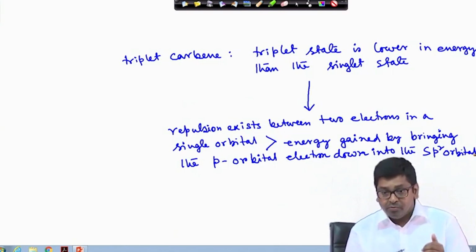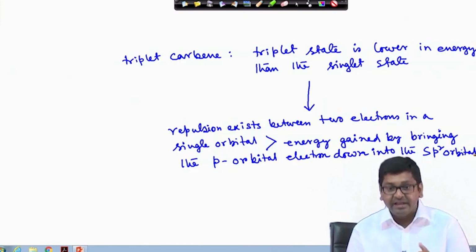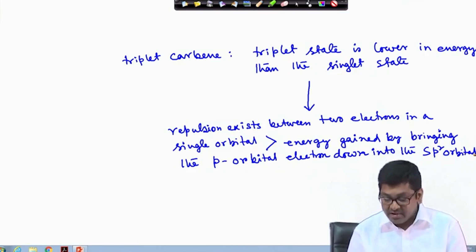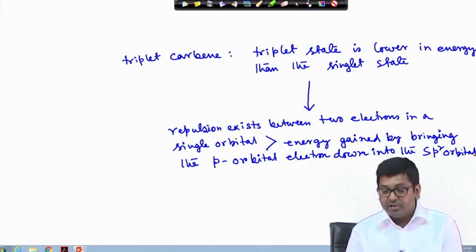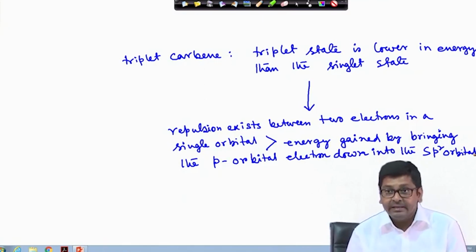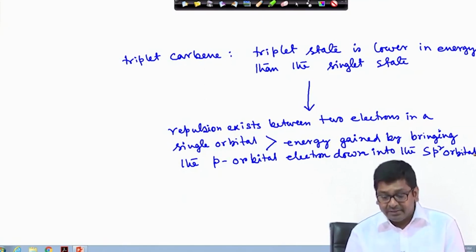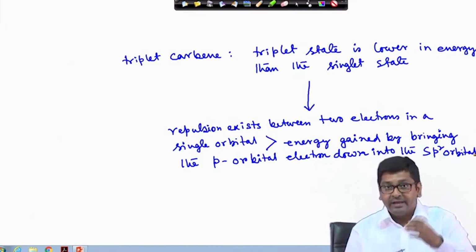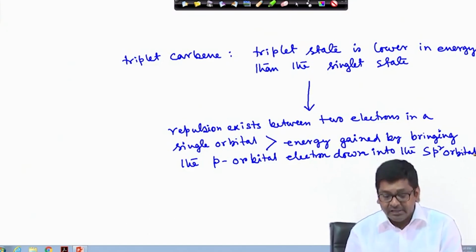If the repulsion between the two electrons in a single orbital is higher, then obviously it will be triplet. But if the opposite happens, that is, the energy gained by bringing the electron from the p orbital to the sp2 orbital is higher than the repulsive energy, then obviously it will be singlet.